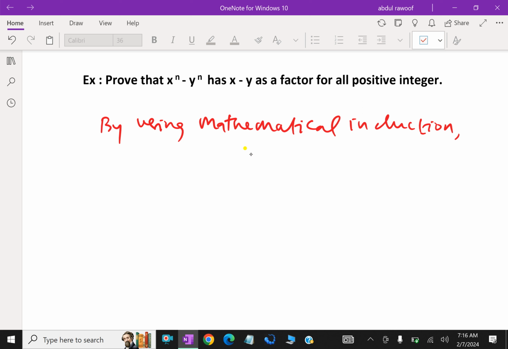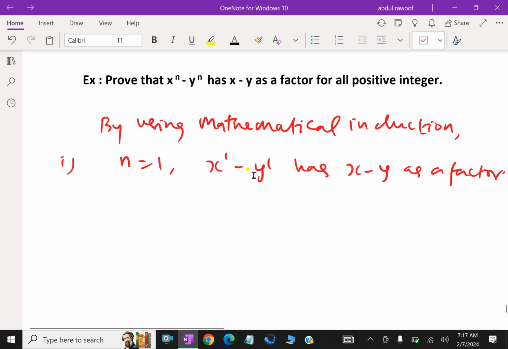By mathematical induction, for n equal to 1, the first statement, we can say x power 1 minus y power 1 has x minus y as a factor. Of course, x to the power 1 minus y to the power 1 is x minus y, so x minus y is a factor of x minus y.